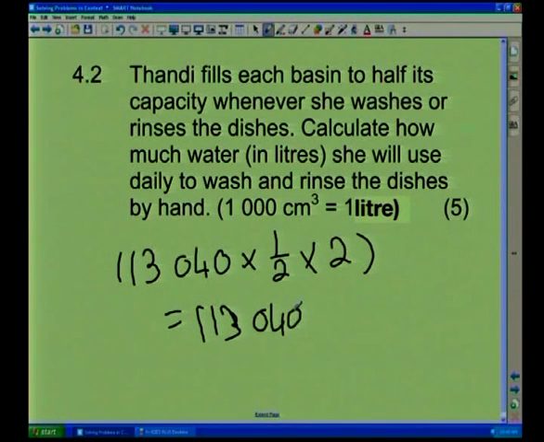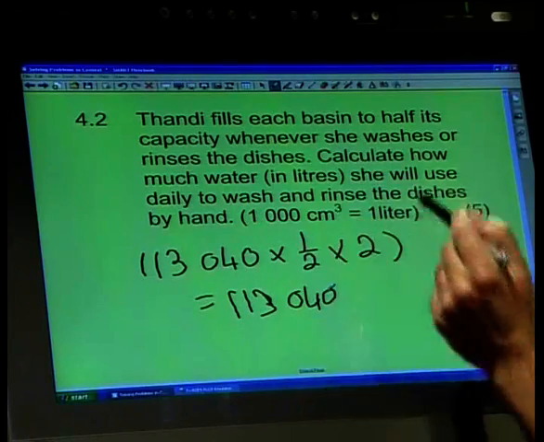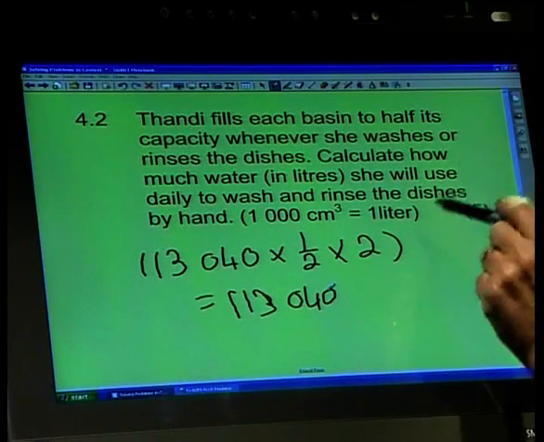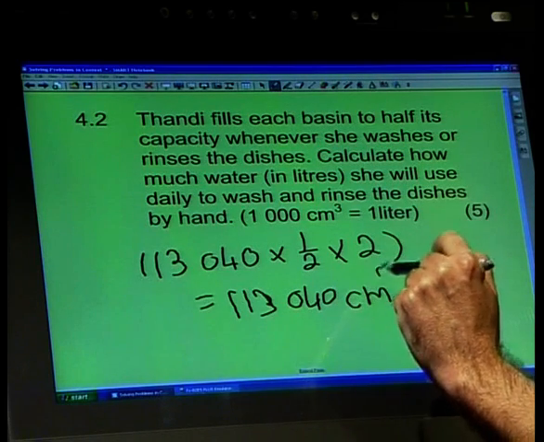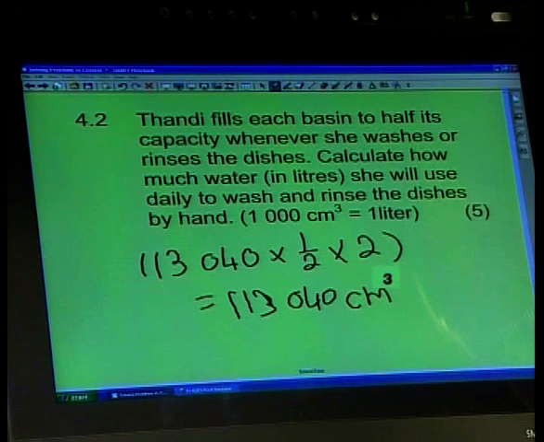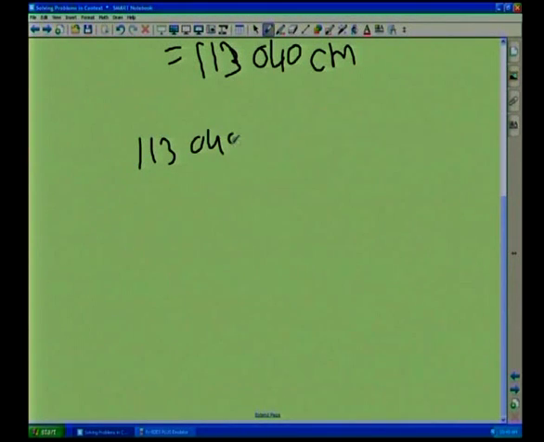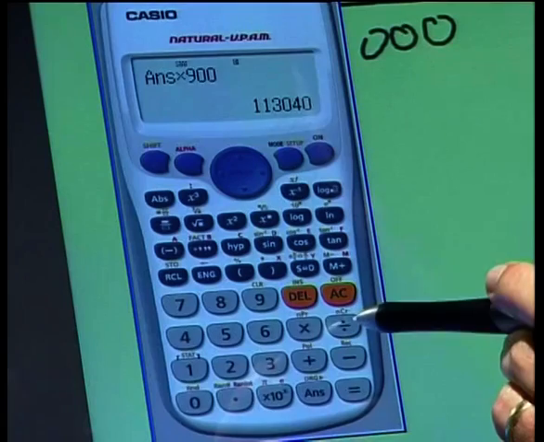However, we want to know in liters, and we know that for every 1,000 cubic centimeters, we have 1 liter of water. So we need to take this figure of 113,040 and divide it by that figure of 1,000 to get our answer in liters. So taking 113,040 and dividing it by 1,000, you can go and do it on the calculator, and we've got our answer there already.